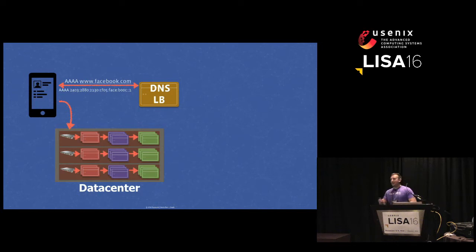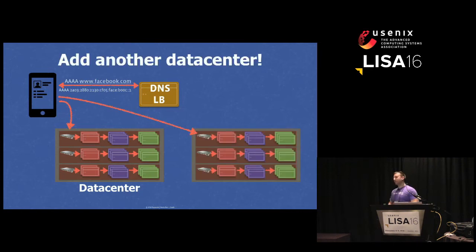I kind of jumped ahead, but again, a hurricane could wipe out any of our data centers at any time, or any other catastrophe. So we need to have diversity in our data centers. How do we add more capacity and diversity? We add another data center. This is how we build up the capacity to actually serve all of the requests coming into Facebook.